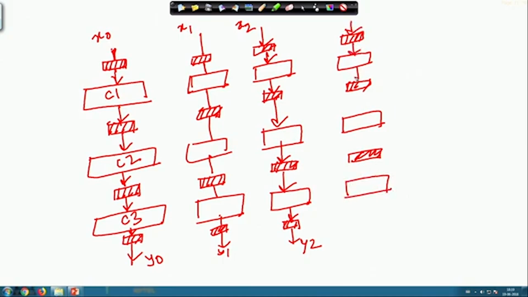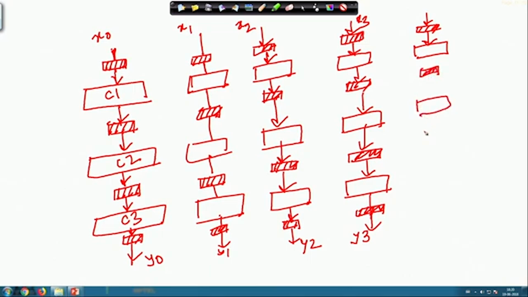So, what I have to do? I have to connect this. So, this is for x3 and this is for y3, and at the very end, that means this is the fifth element, or the fifth processing element.